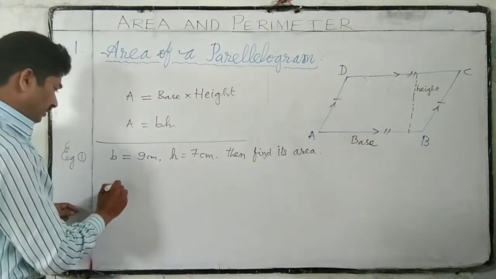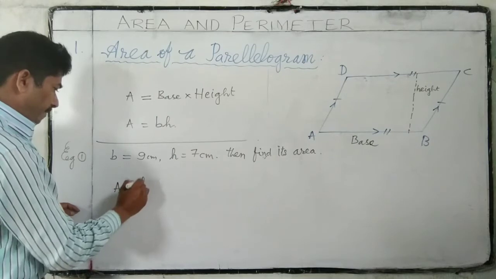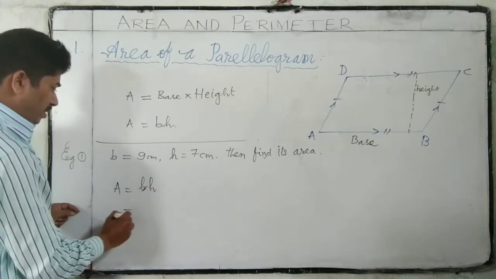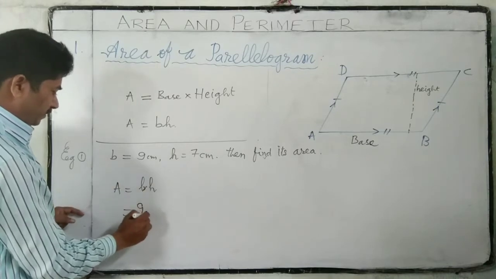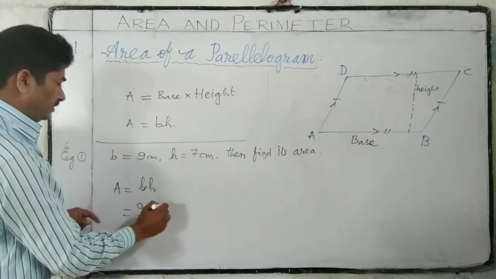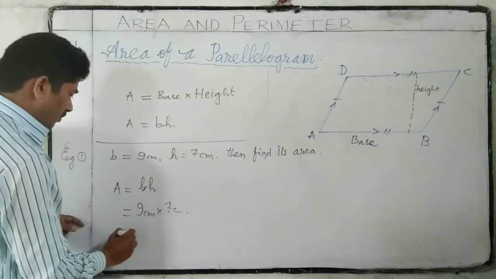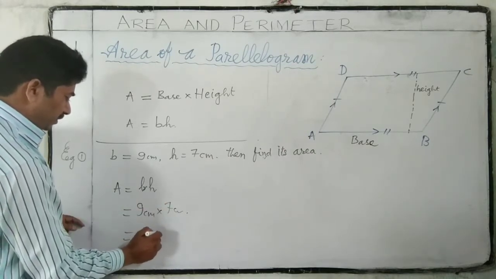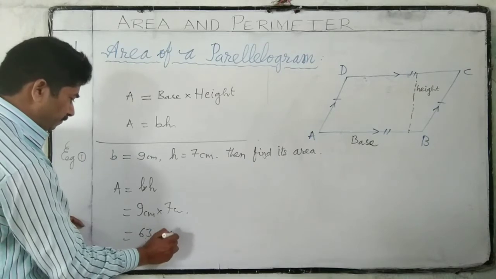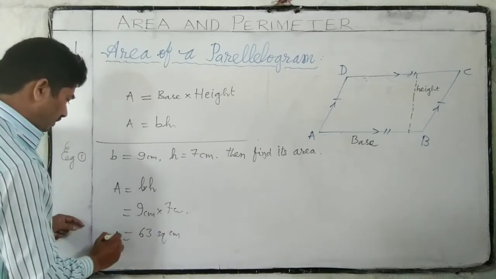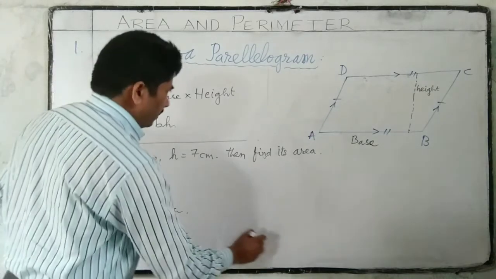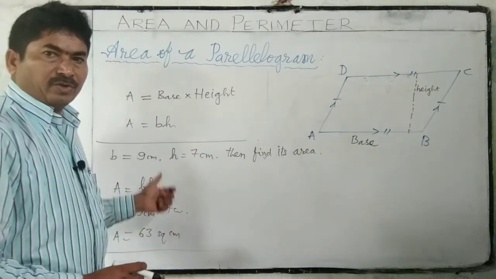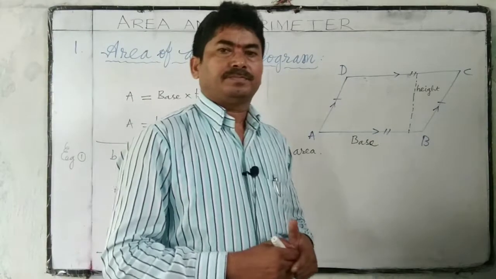So area A is equal to BH. Base is 9 centimeters. Height is 7 centimeters. 9 sevens are 63 square centimeters. So this is the area of the parallelogram with the given measurements.